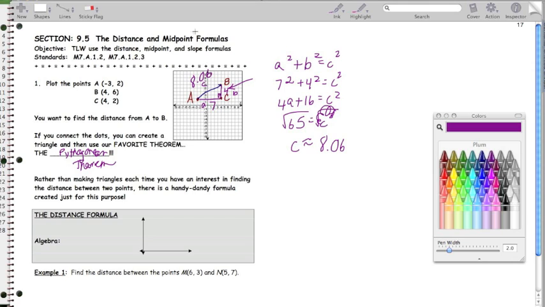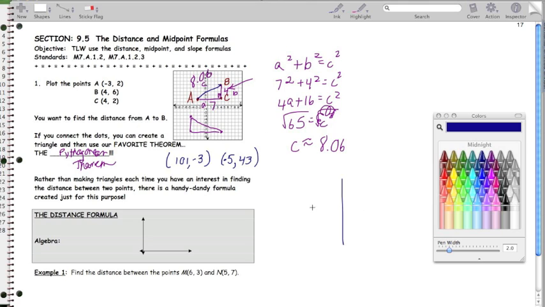We're good. So one way of finding the distance of a line that's diagonal is, if they were to give you this point and this point, and they wanted you to find that distance, you could go ahead and make the right angle, and from there the right triangle. But what happens if I were to give you points like this? Maybe 101, comma, negative 3, and negative 5, comma, 43. Something like that.